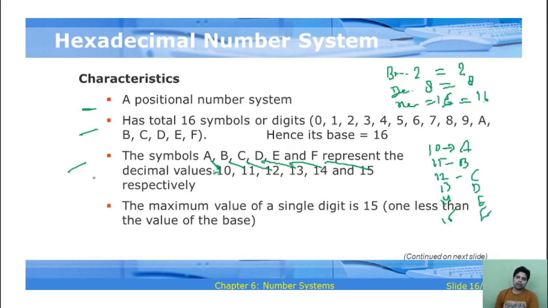So the maximum value of a single digit is 15, or one less than the value of the base.